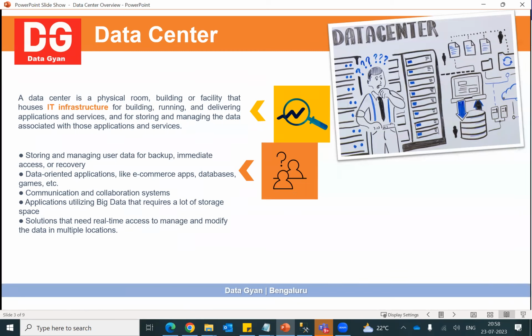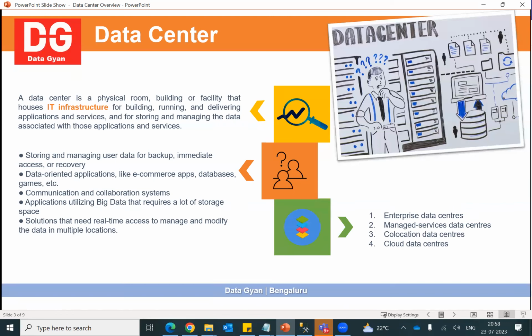Then an efficient power supply, and if a failure happens, there should be some backup and an immediate response. So a lot more things we do in the data center. These are only a few points, but if you look at what work a data center does, there is a lot. It will go on page after page, right? So these are a few basic things we do inside the data center.